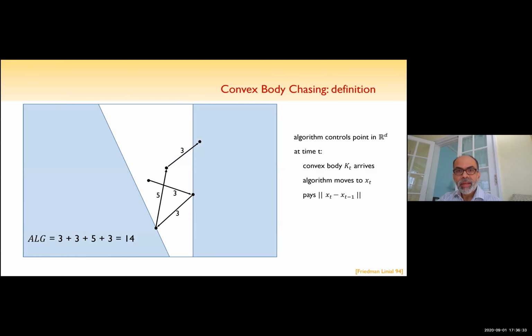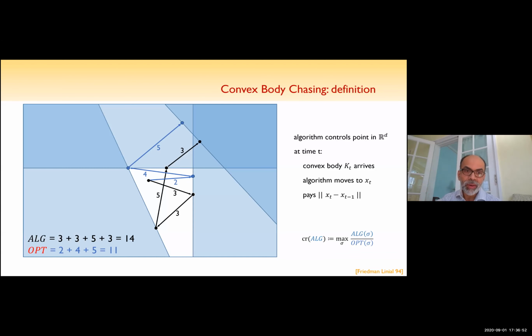Of course, this is an online problem, and so the standard model we consider is competitive analysis: we look in hindsight at the instance received, and ask what was the best way of handling this instance, and that's OPT. Notice that OPT in the second step moves to a point where it can handle both the second request and the third request.